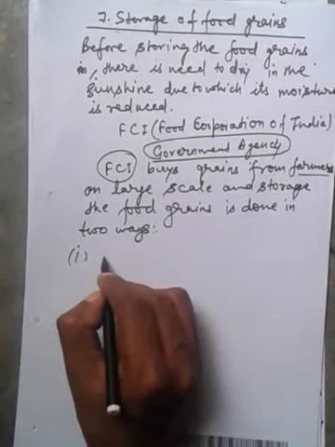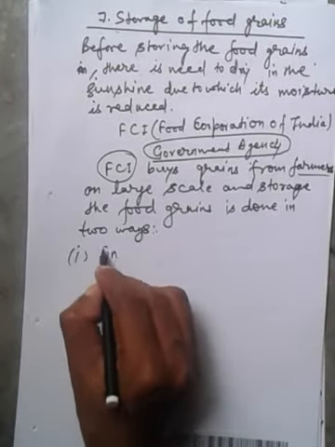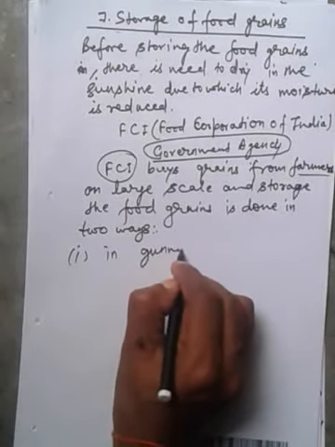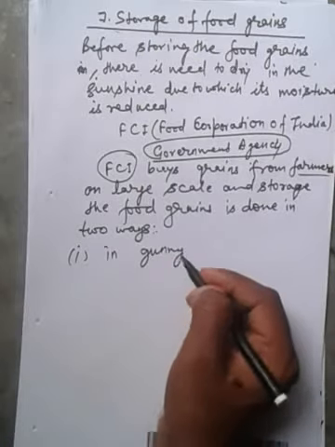First, they store the food grain in gunny bags. Gunny bags are jute bags.